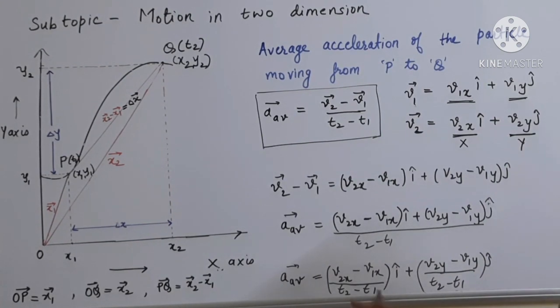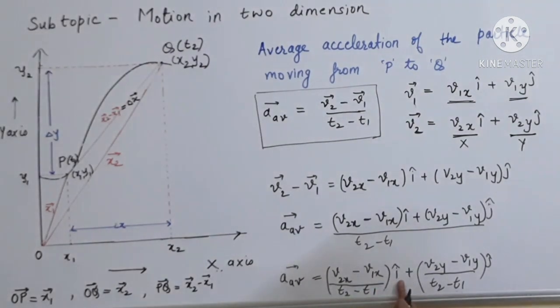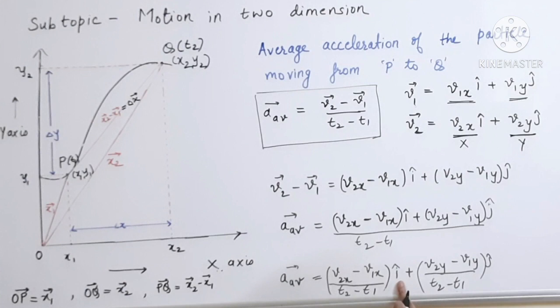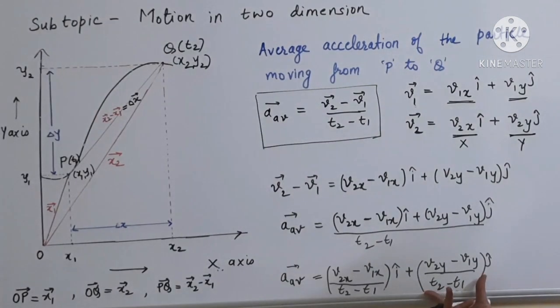So this is the average acceleration along the i direction, along the x-axis, because here there is i.